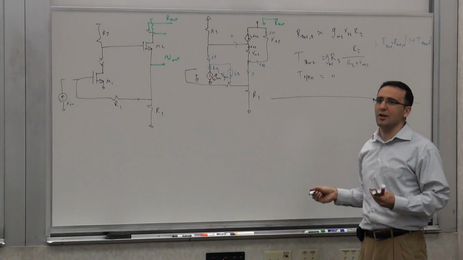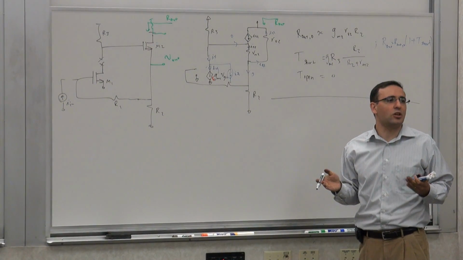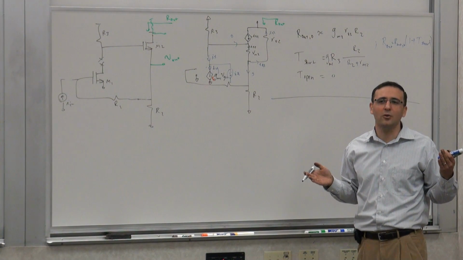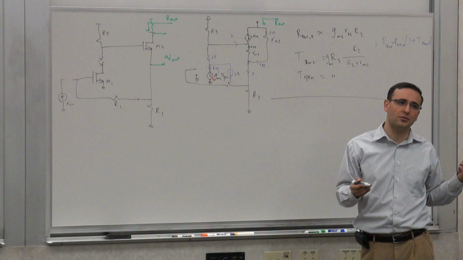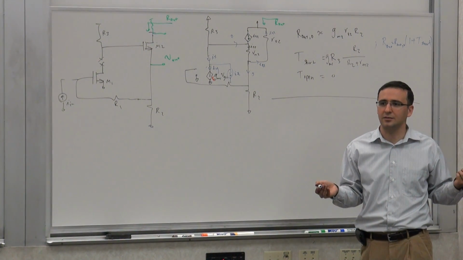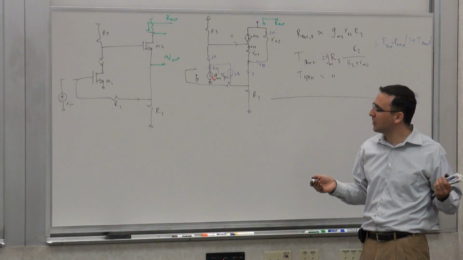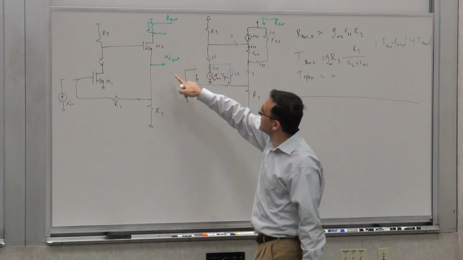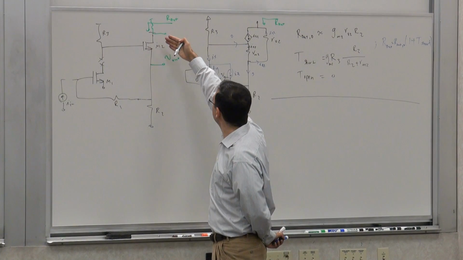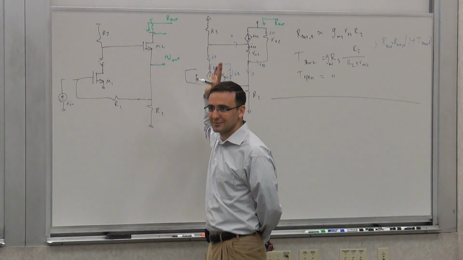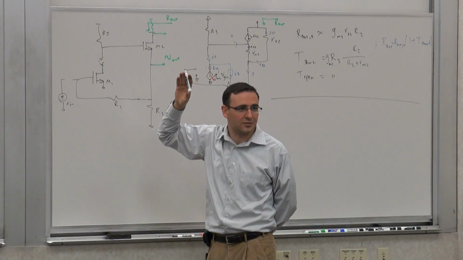I'm just curious to see whether it's going to be shunt or series. I'm only interested in knowing whether T open or T short is greater. Which one is greater than the other? If I'm here, I don't even need to calculate anything, if I just wanted to know series or shunt.